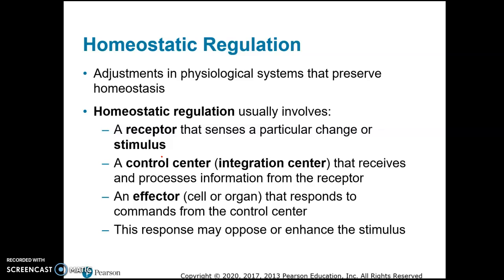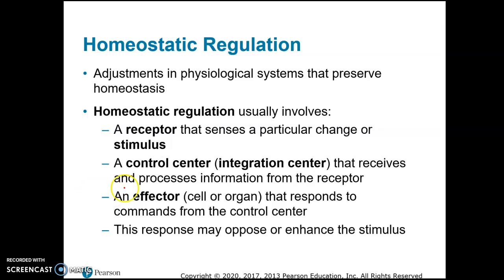Regulation of homeostasis occurs by either a process called negative feedback or positive feedback, which we'll talk about in a minute. But when conditions get out of balance or homeostasis is not being maintained, we have mechanisms in place that help return those conditions back to stable conditions.